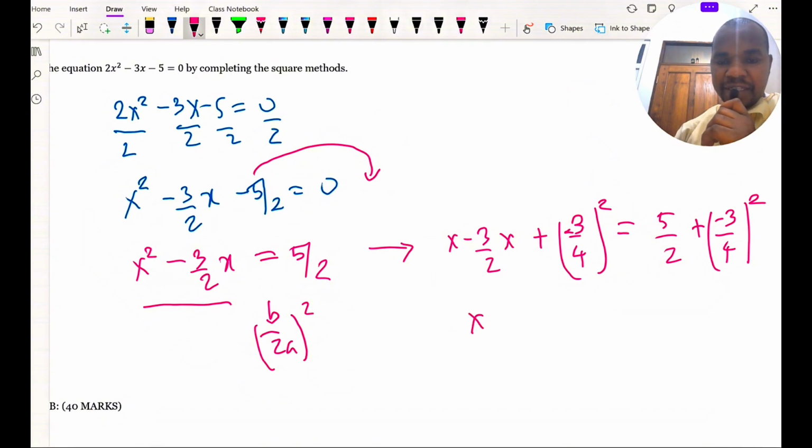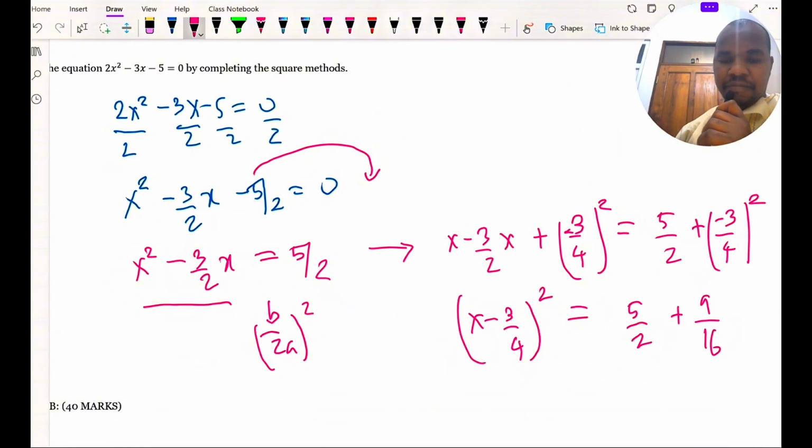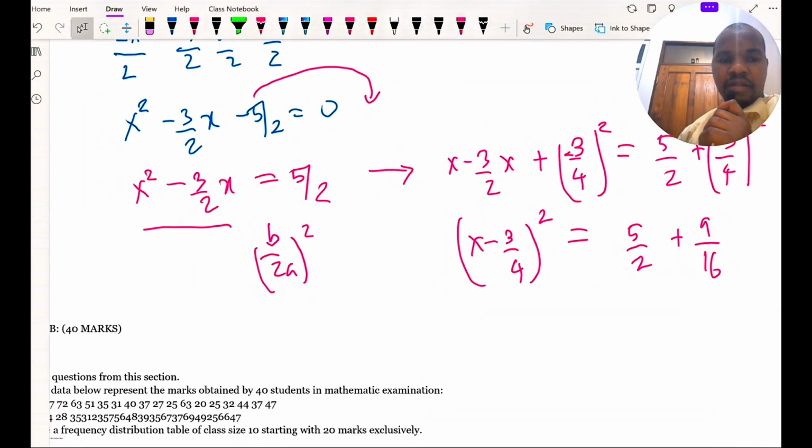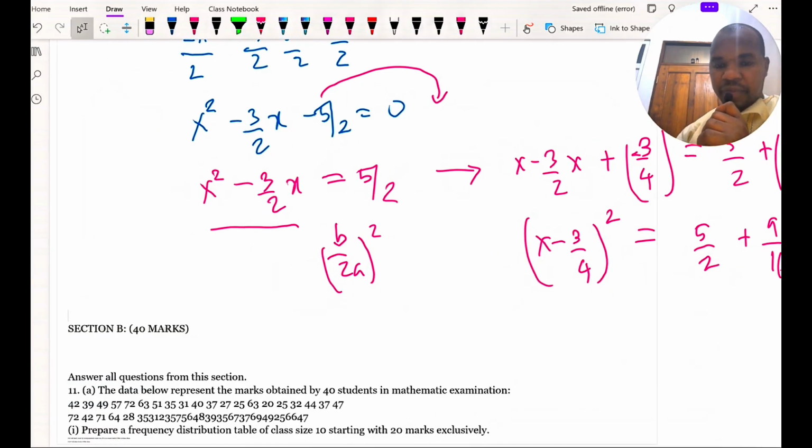So literally this is (x minus 3 over 4) square, and this is going to be equal to 5 over 2 plus 9 over 16. You are going to simplify now the expressions.